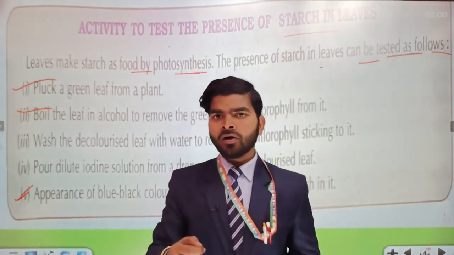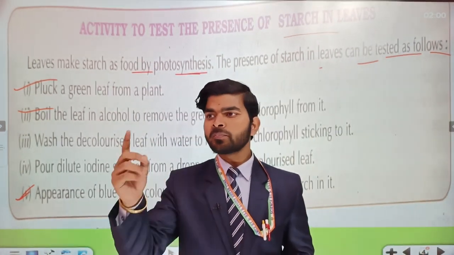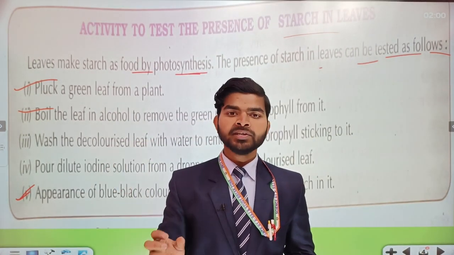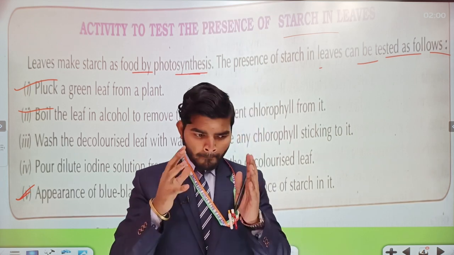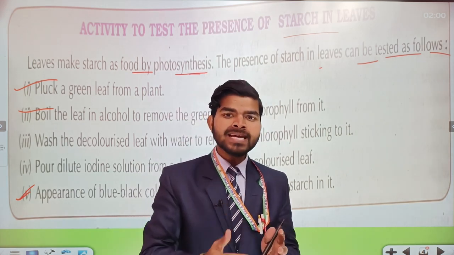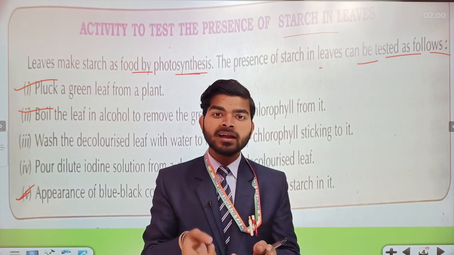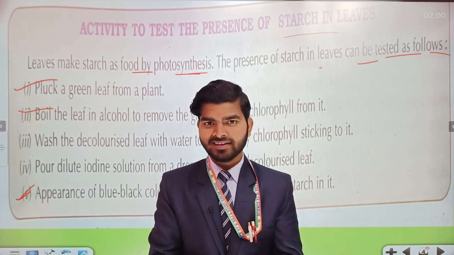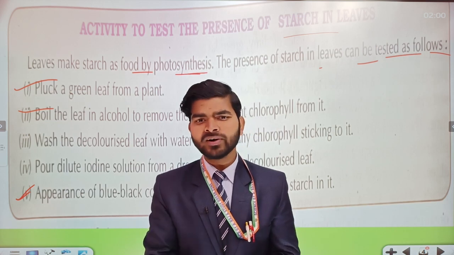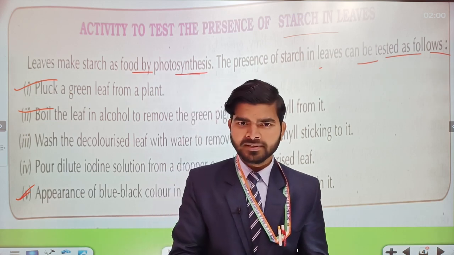After plucking the leaf from that particular tree, you need to boil that leaf in a container, and that container must be filled with alcohol. All right, maybe drinking alcohol. All clear.